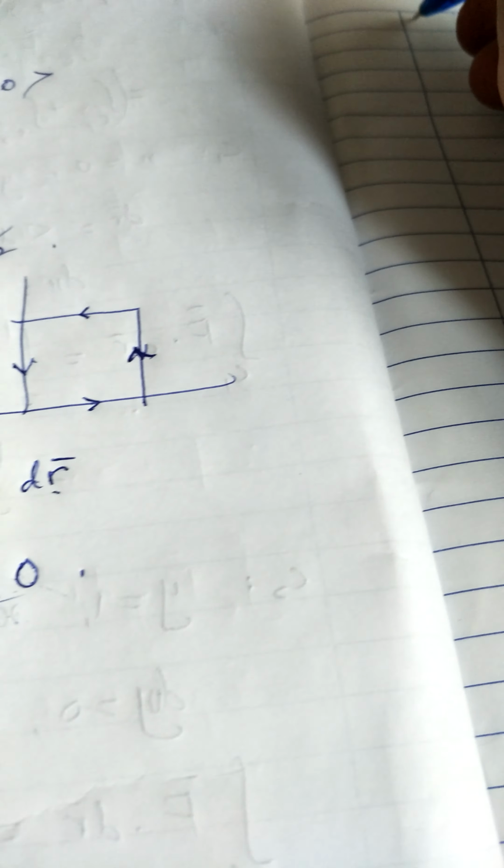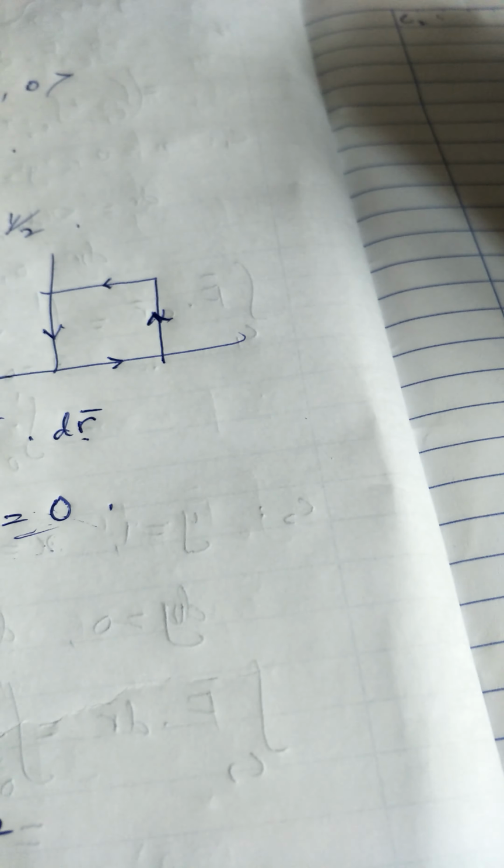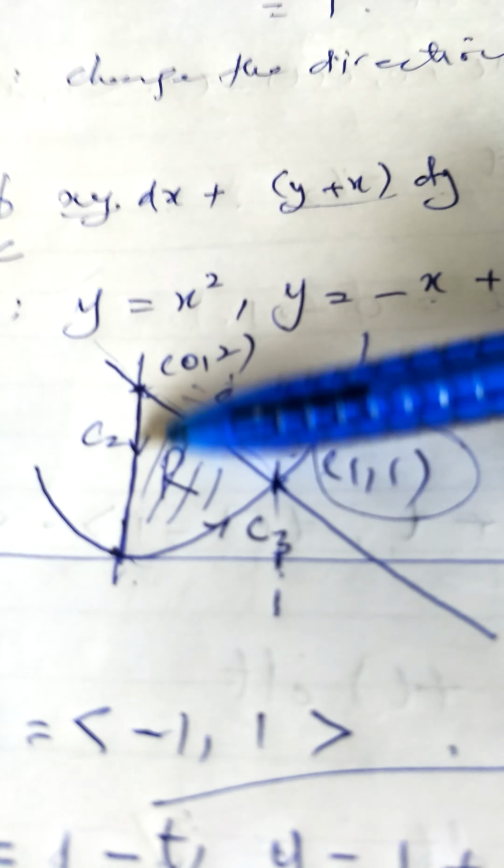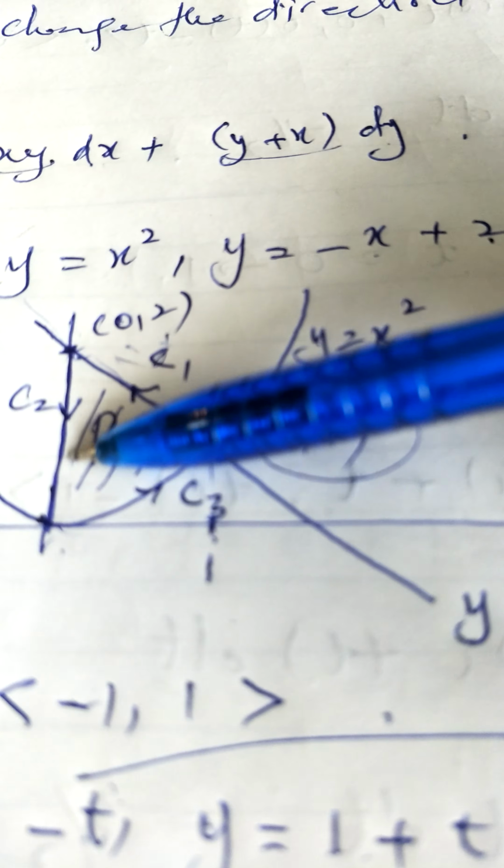Okay, for C2, where is C2? Look at this, C2 here. On C2, x is 0, y is a moving point.